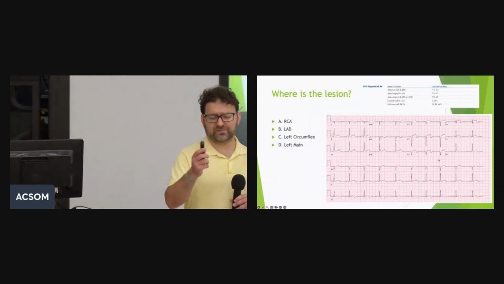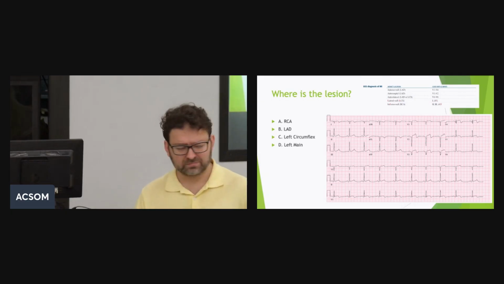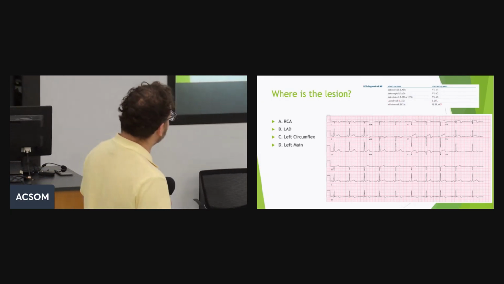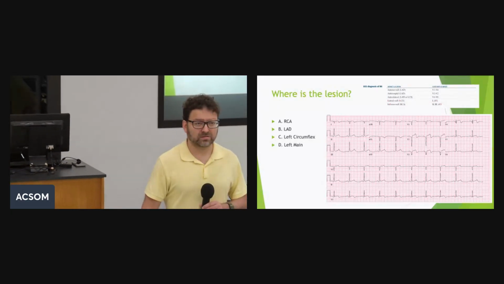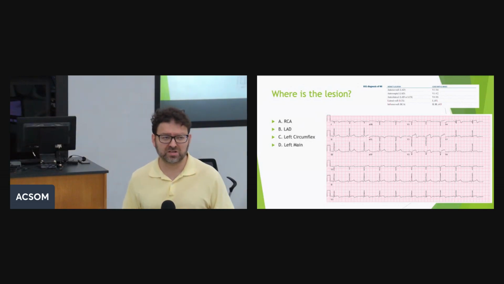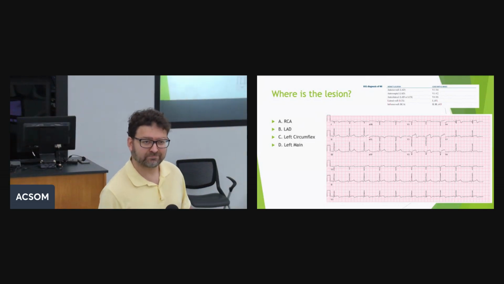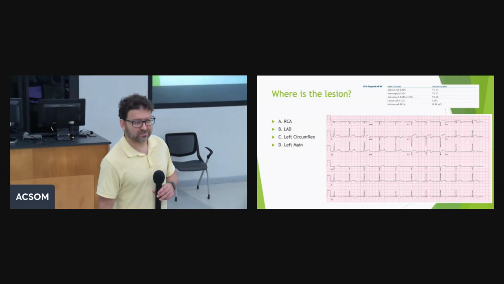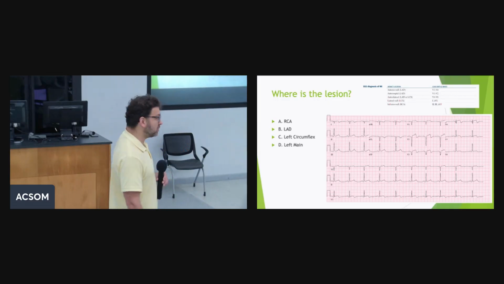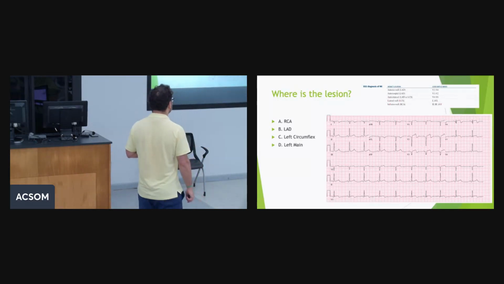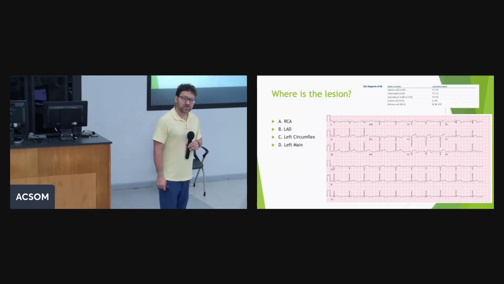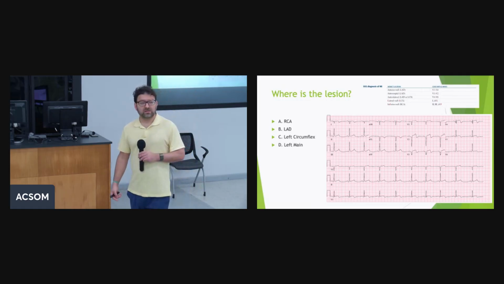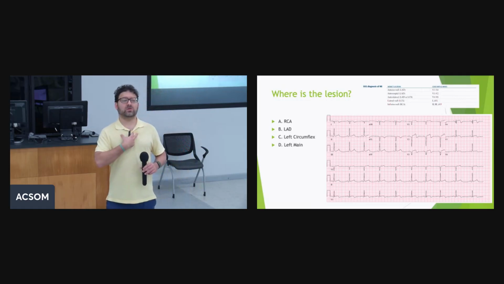This is from your First Aid book. You need to know the anatomy of the ECG. You need to know it. All right? My preference would be that you don't memorize, that you understand it. But the LAD is in the anteroseptal part of the heart.